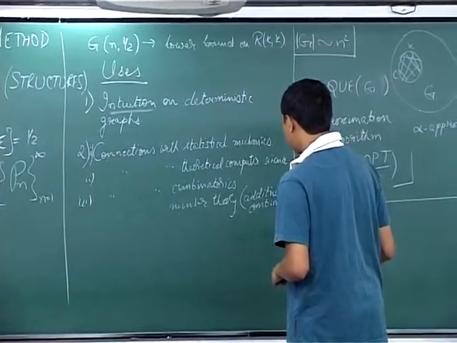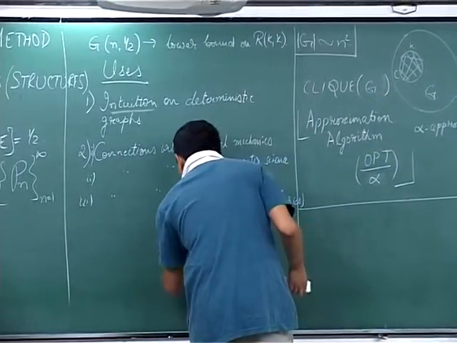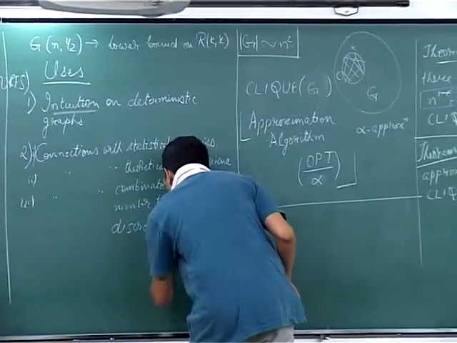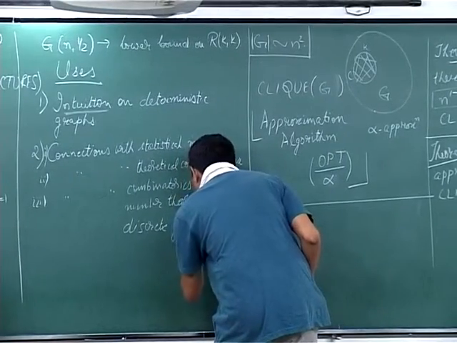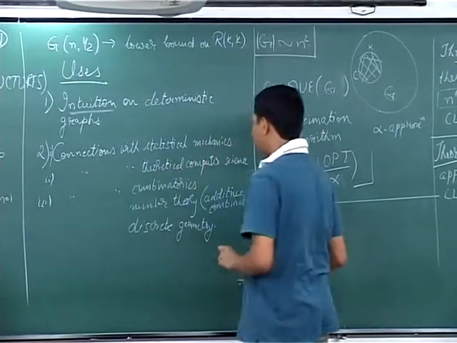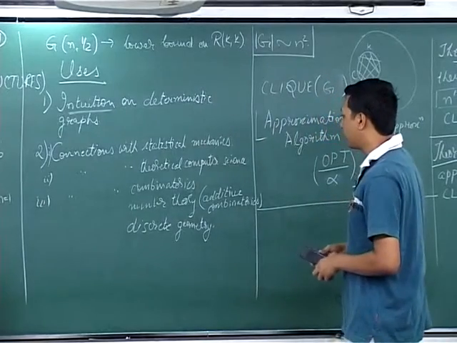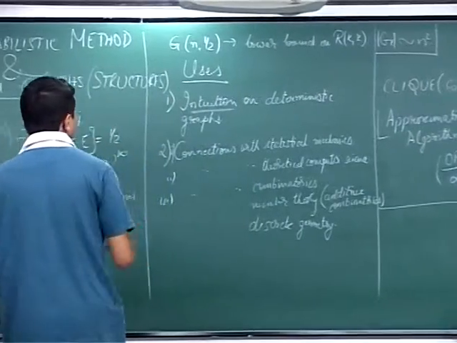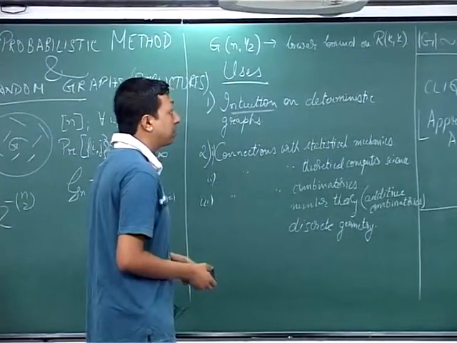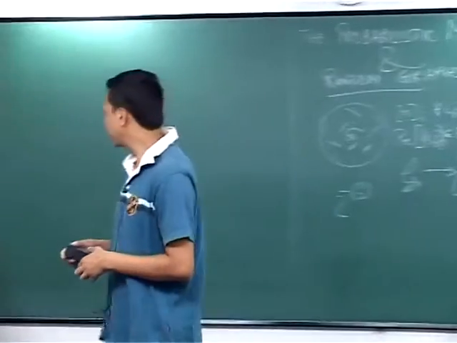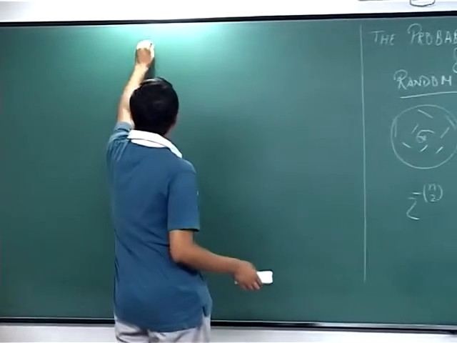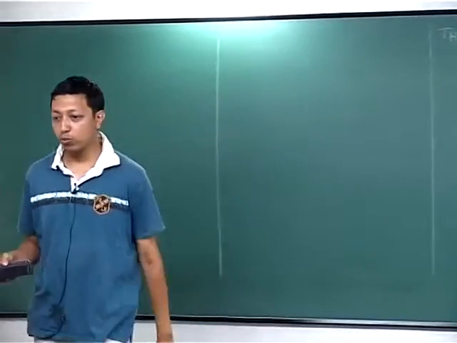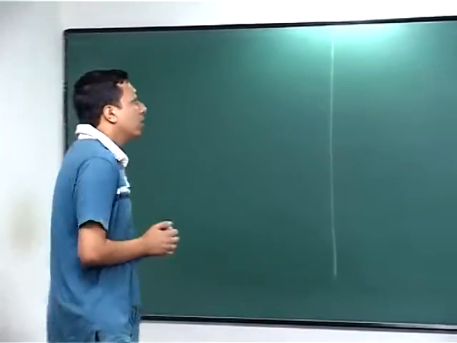And discrete geometry. So there are connections with everything in discrete math. Okay, somewhere or the other you will come up with connections. So much about the uses of random graphs. This lecture is going to be more about uses, and maybe one or two properties I'll be able to show you.